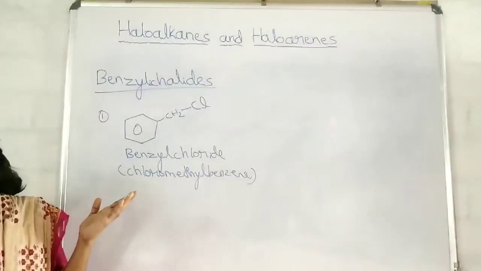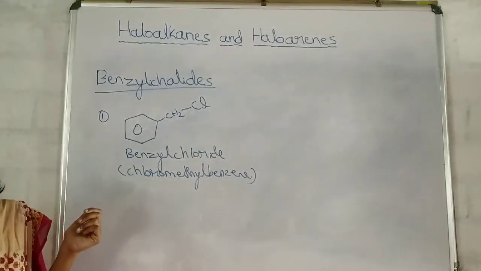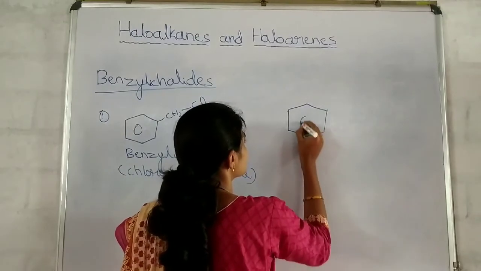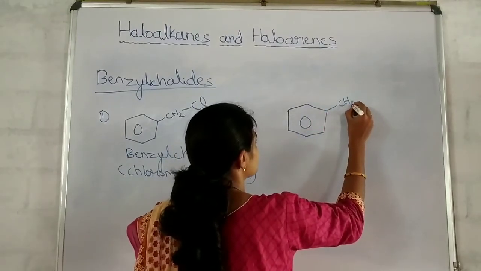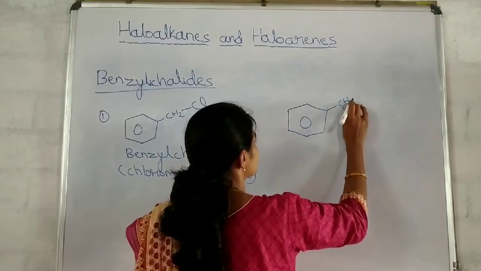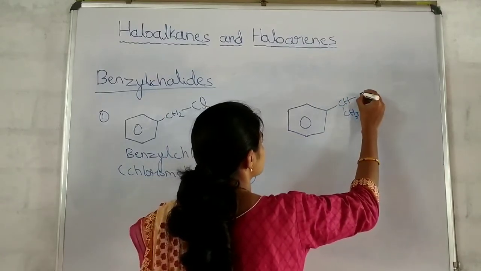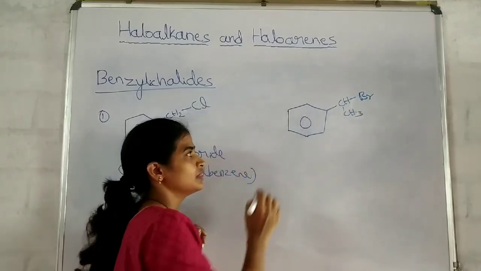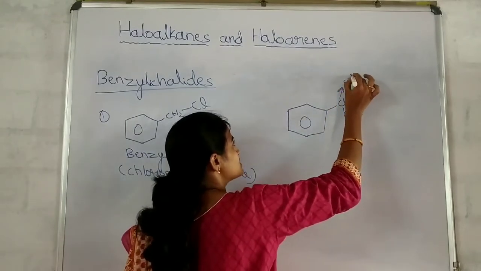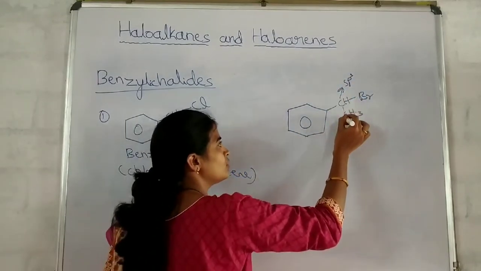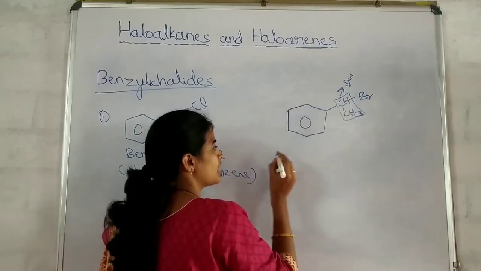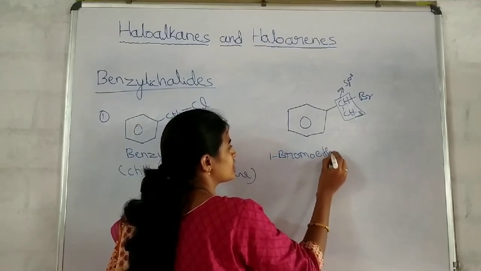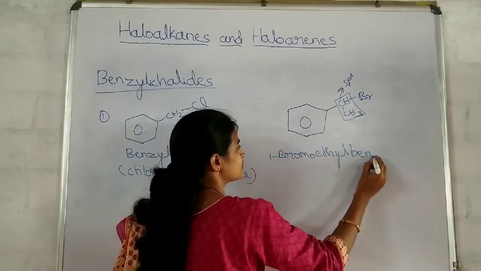Got it? You can try to write the next example. See, no doubt it is an sp3 hybridized carbon atom. The parent name of this one is ethylbenzene, 1-bromoethylbenzene.